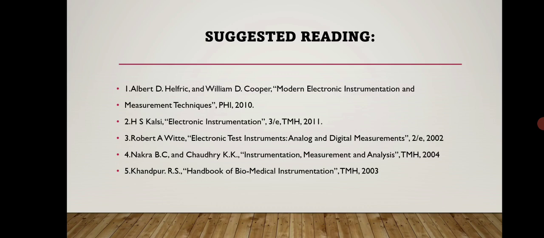If you want more, you can get it from the third and fourth references. The fifth reference is mainly used for biomedical instrumentation. A few of the biomedical instrumentation topics you can get in depth in the fifth one, which is Khandpur's Handbook of Biomedical Instrumentation.